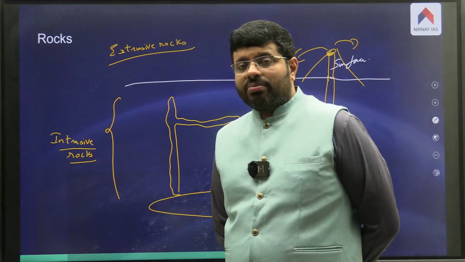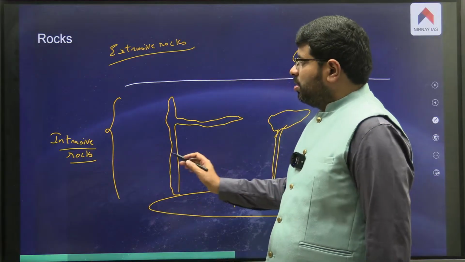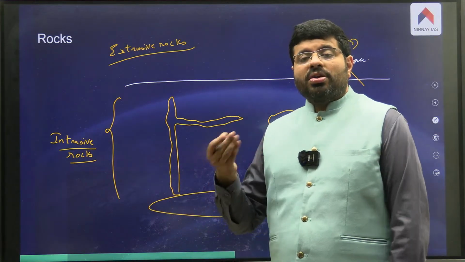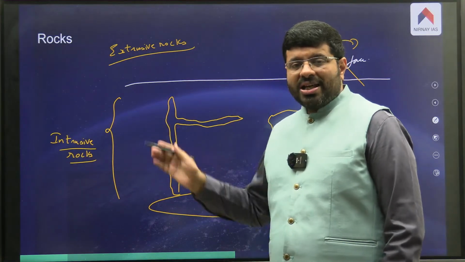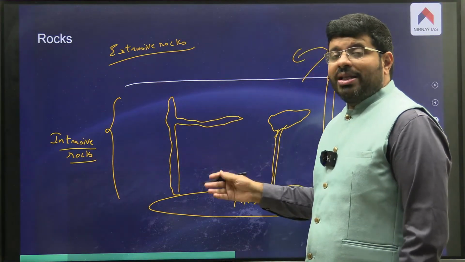For example, igneous rocks are the ones which take so much time to cool down, especially the intrusive rocks, because they are inside the Earth's surface where the heat is quite high.